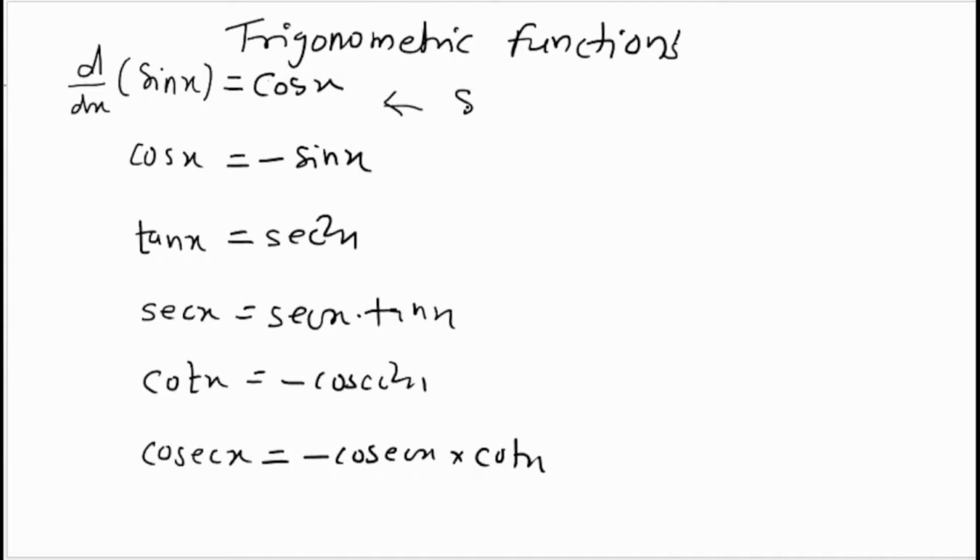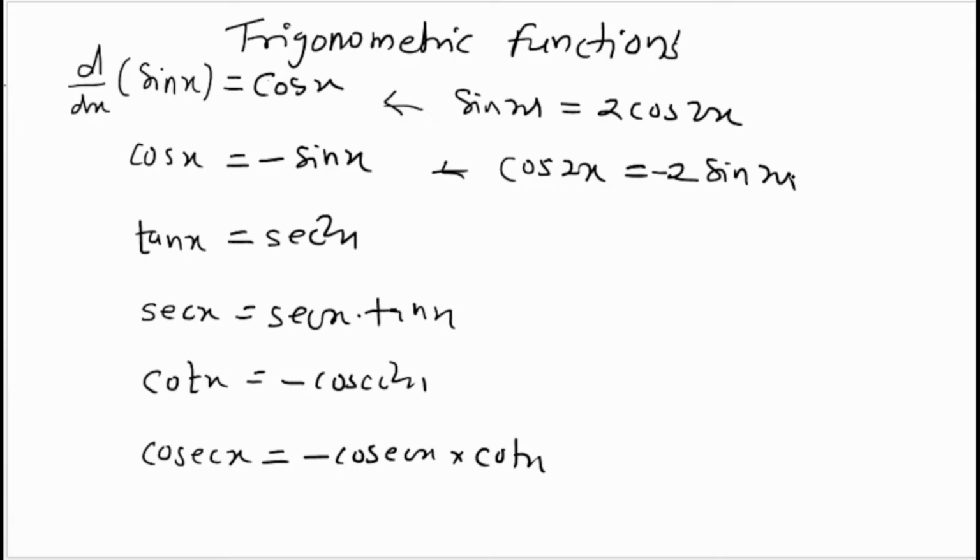So we have seen some formulas. The derivative of sine of 2x is equal to 2 into cos of 2x. Similarly, the derivative of cos of 2x is equal to minus 2 into sine of 2x. So what is our observation? In the derivative, the multiplying constant should be taken into the multiplication.